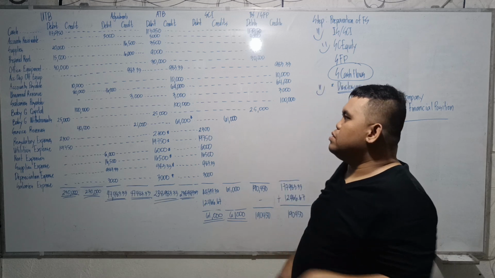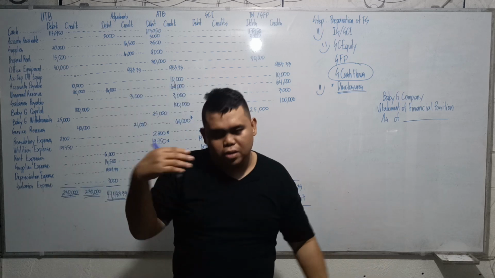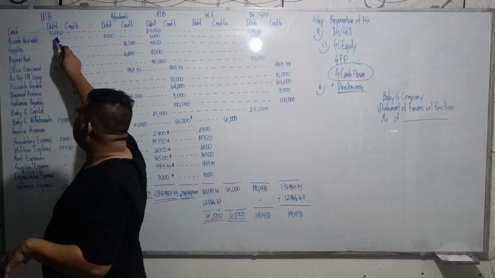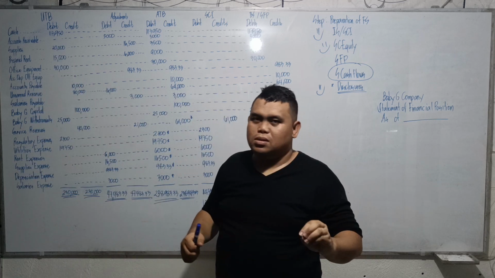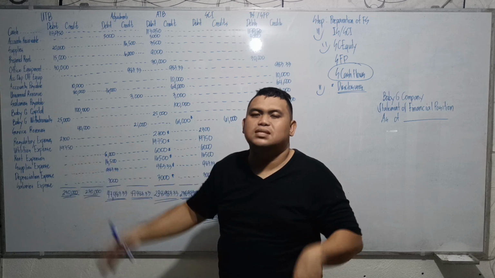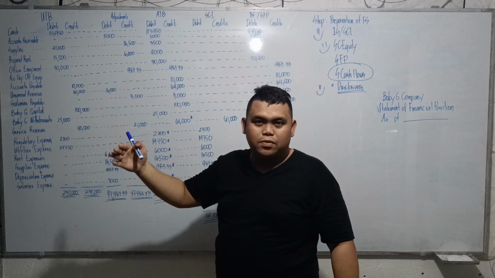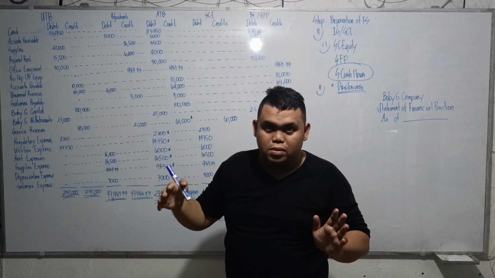Okay? So they will just be changed because there will be some entries in the debit and the credits. But essentially, for example, this cash is 117,950. It was not closed from the very beginning of the business until now. So that's the cumulative effect of all the transactions related to cash until now.